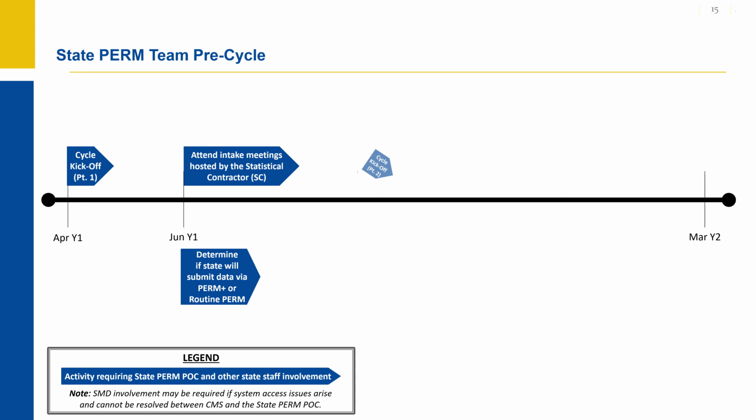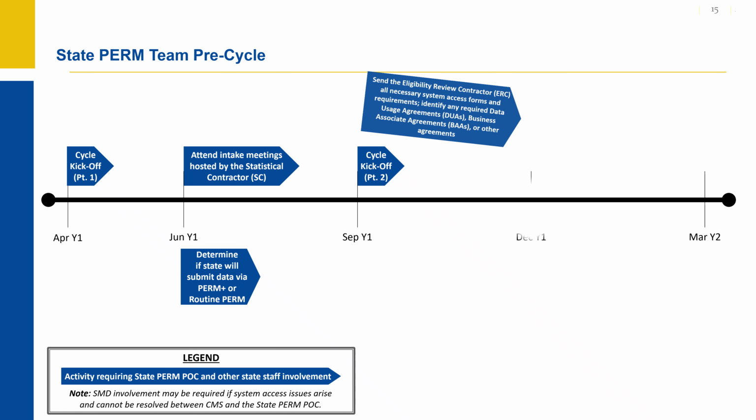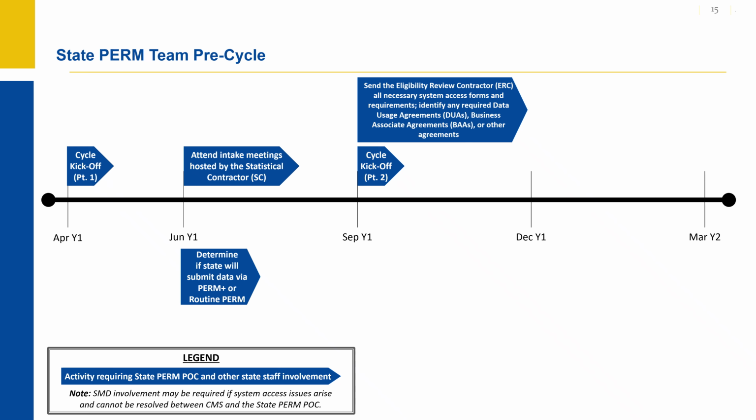In September of year 1, Part 2 of the cycle kickoff call occurs. From September through December of year 1, states send the ERC all necessary system access forms and requirements. States identify any required data usage agreements, or DUAs, business associate agreements, or BAAs, or other agreements.